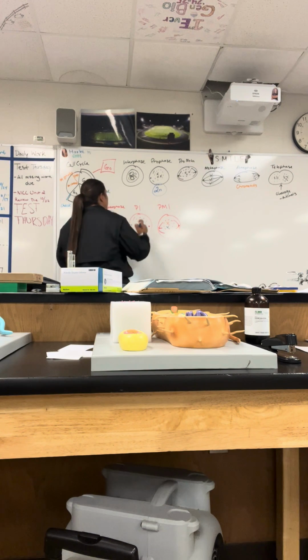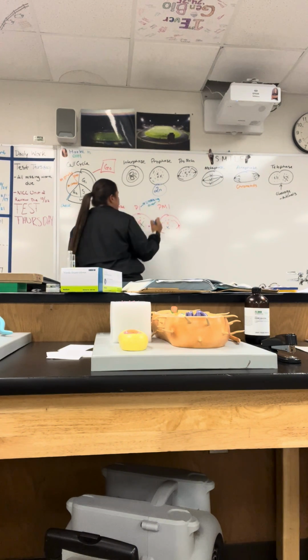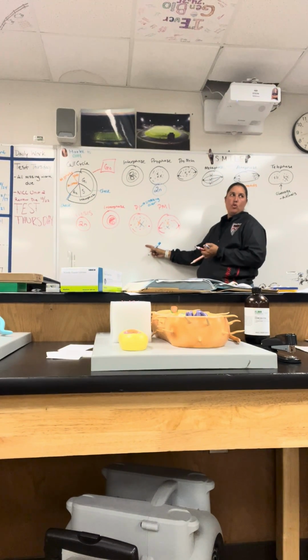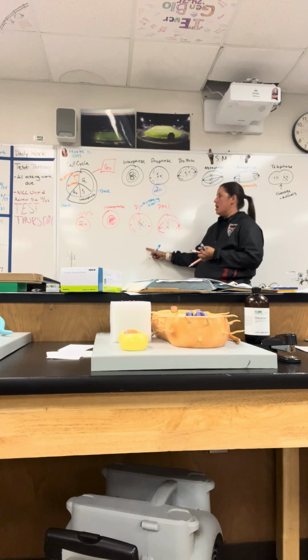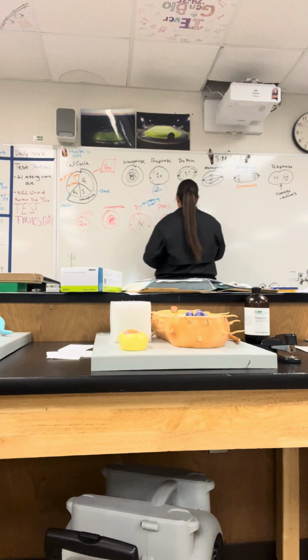Now, if we were going off to the side, prophase 1 in meiosis is important because it has crossing over. Crossing over helps with genetic variation, so crossing over is important. It only happens in prophase 1. Okay, prometaphase, really they still line up.